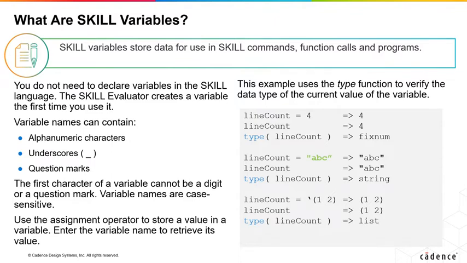Next, in the same piece of code, we assign line count to the string ABC using the same variable name. This is legal in skill. You can see then by entering line count, we retrieve back the string ABC, and now executing the type function again, passing in line count, we see now it is a string.